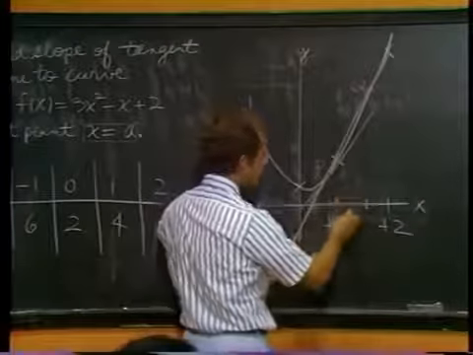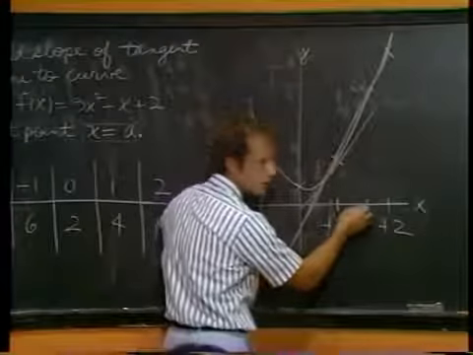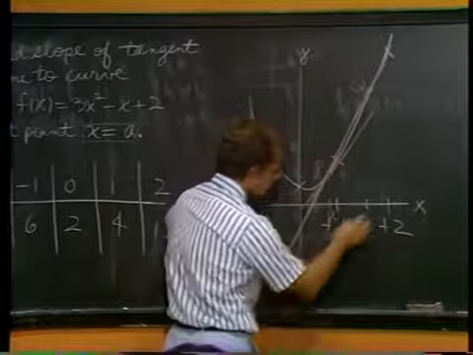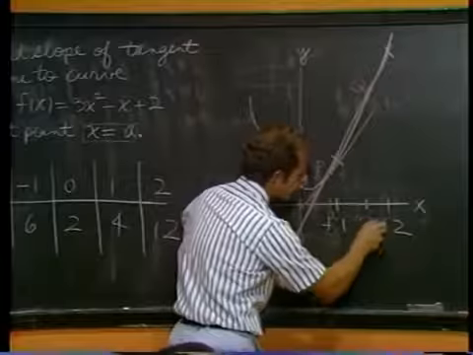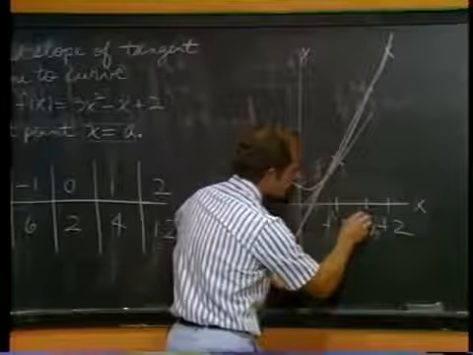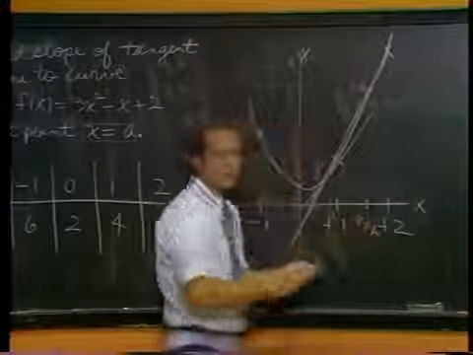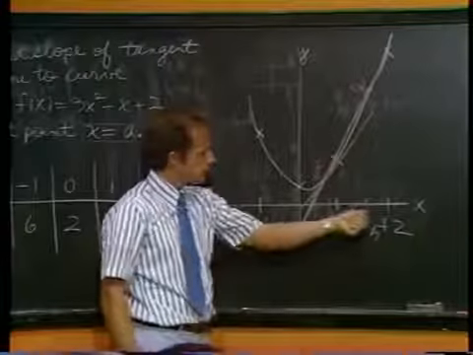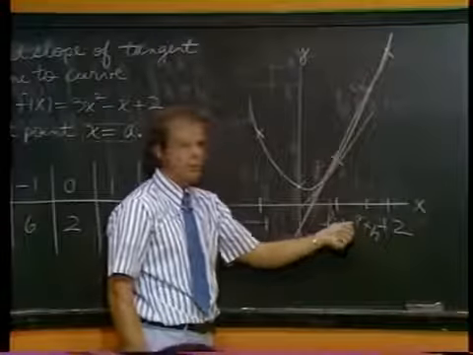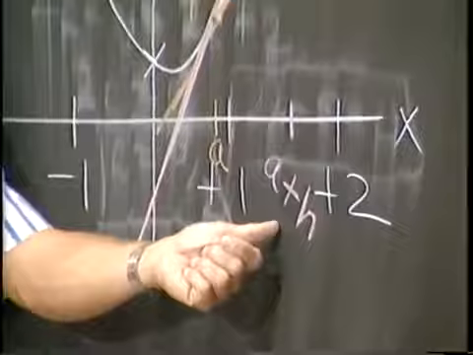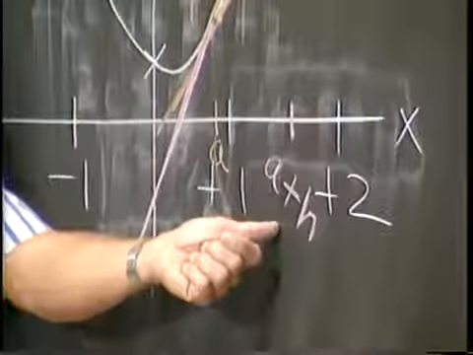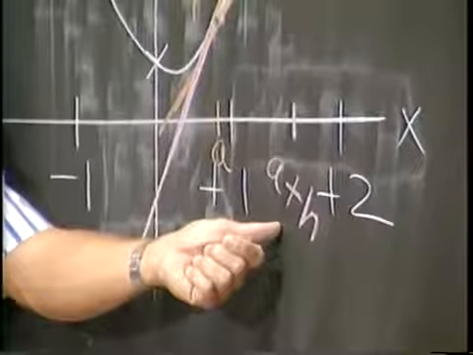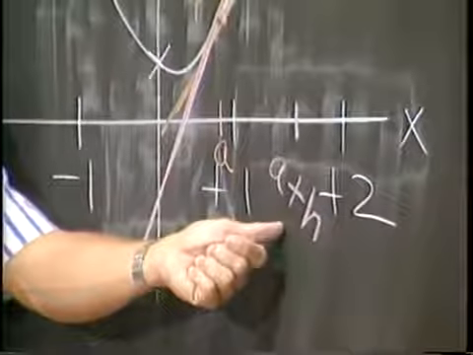To make life pleasant in a sense that it's going to look like what you see in the book, what you'll see is that for the point Q, let's establish that that has an x-coordinate which is h units away from A. So the x-coordinate for Q will be itself A plus h. There's no real good reason to do that other than it makes some of the algebra later on somewhat simpler.